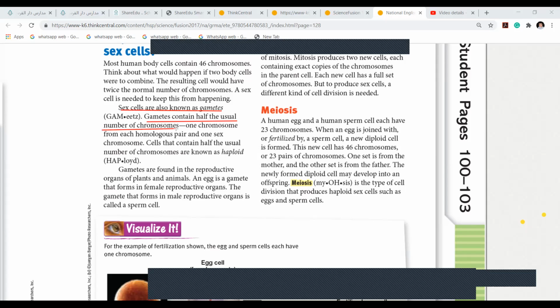Sex cells have half the number of chromosomes: one chromosome from each pair and one sex chromosome. Cells that contain half the usual number of chromosomes are haploid.